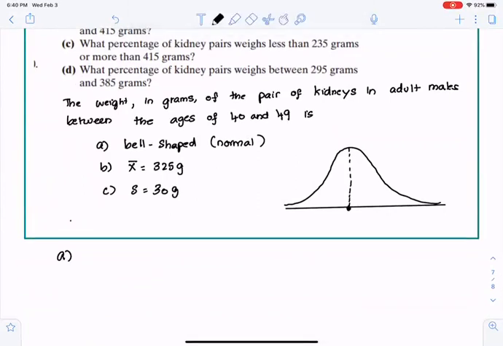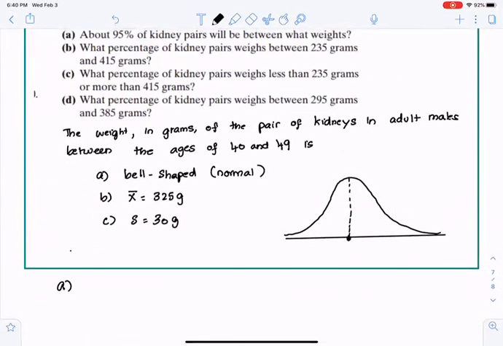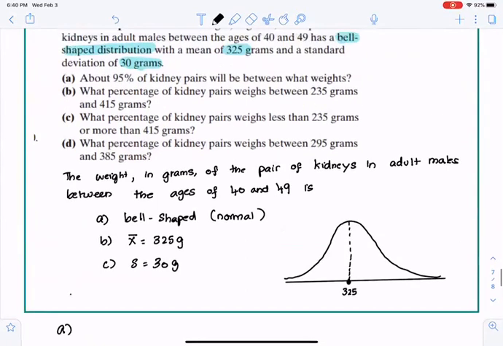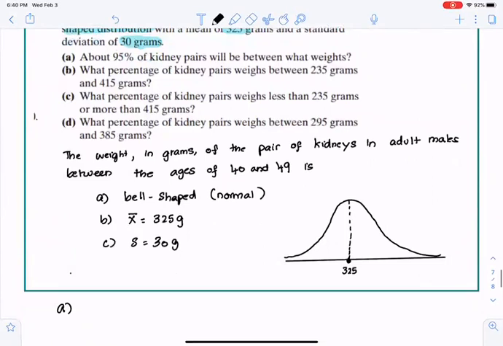So the mean is 325. The standard deviation is 30 grams. If I go one standard deviation on either side, over there it'll be 355, I'm adding 30.